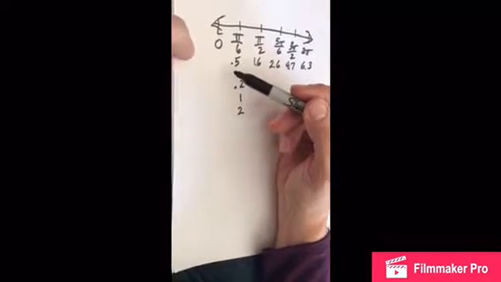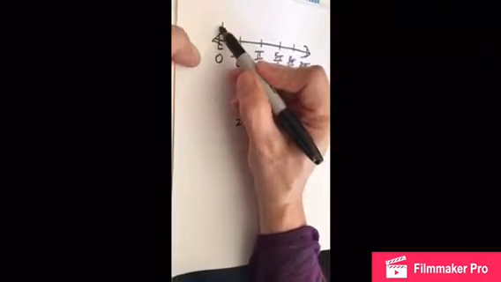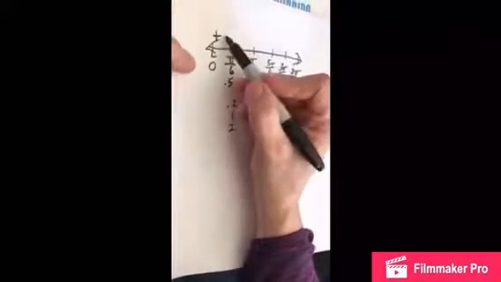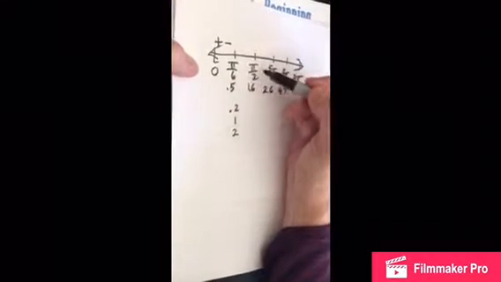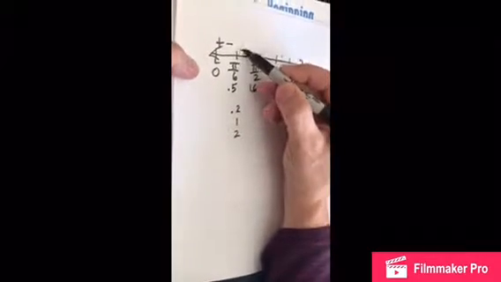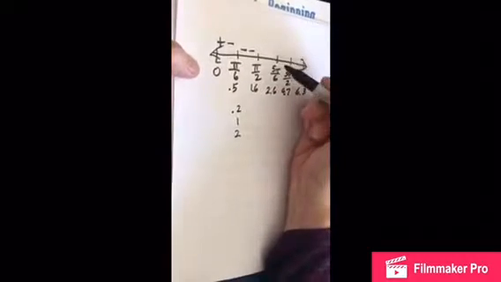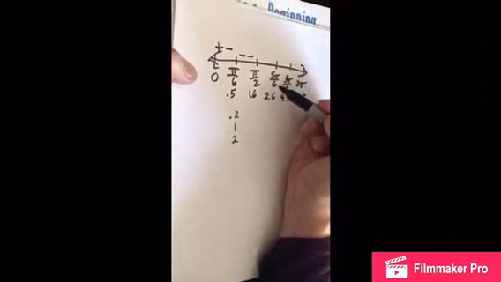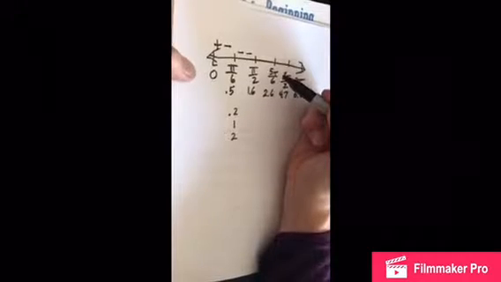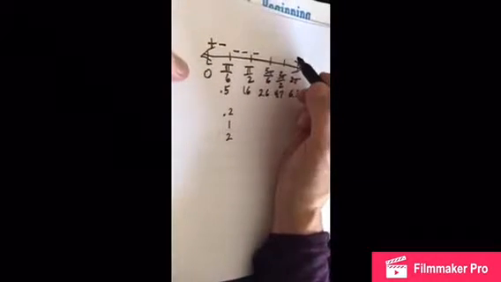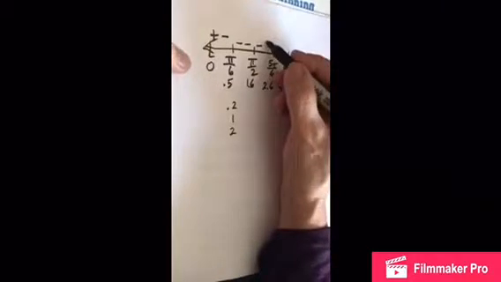From 0 to pi over 6, we know it's increasing, and we know it is concave down. From pi over 6 to pi over 2, we know it's decreasing, and we know it's concave down. From pi over 2 to 5 pi over 6, we know it is decreasing, and we know it's concave up.